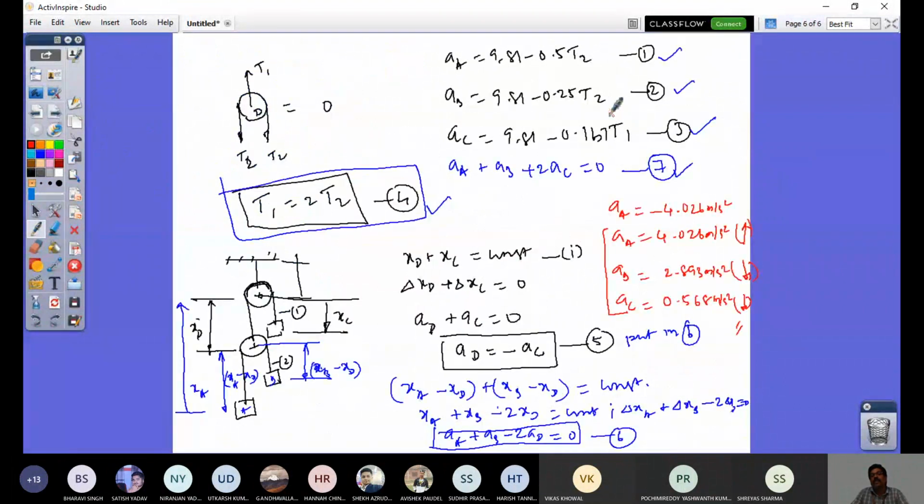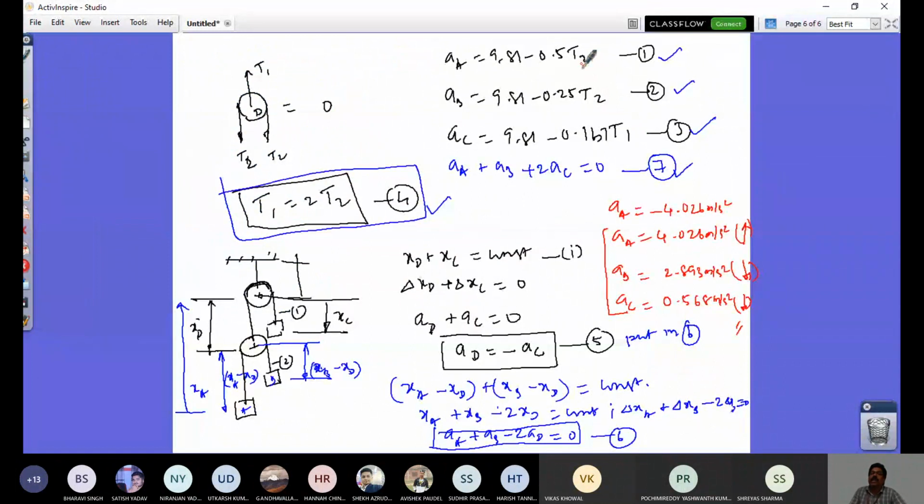There are 2 additional variables, those are the tensions of the cable. To get independent equations, there is something called the consistency of the string law. You look at the string as one element which is also undergoing motion, so the string is under acceleration. A point in the string has the acceleration of the point where it is attached to the block or pulley. That's what you are understanding and relating like this.